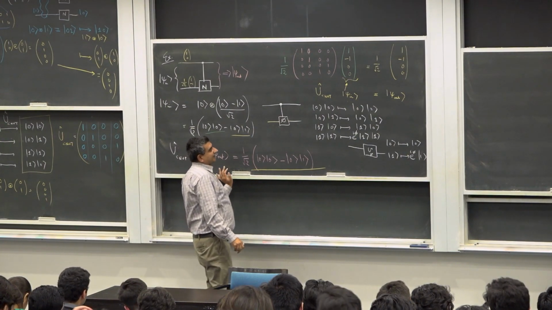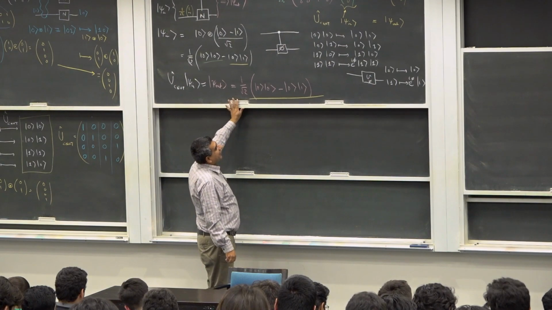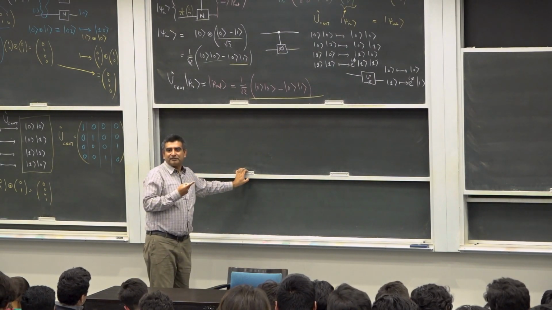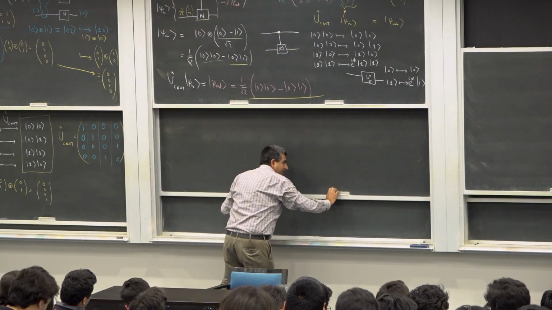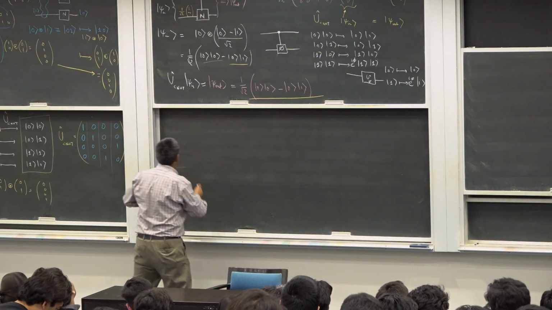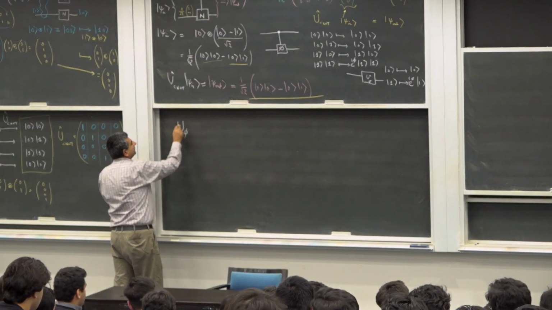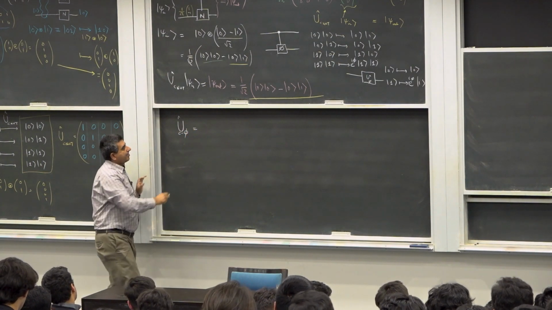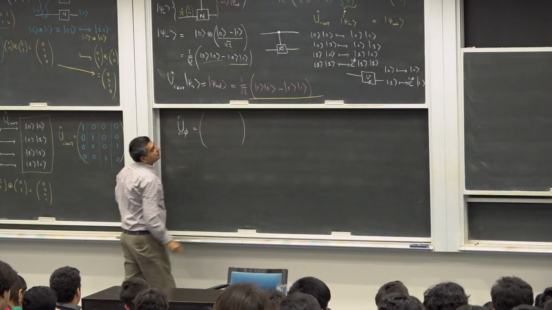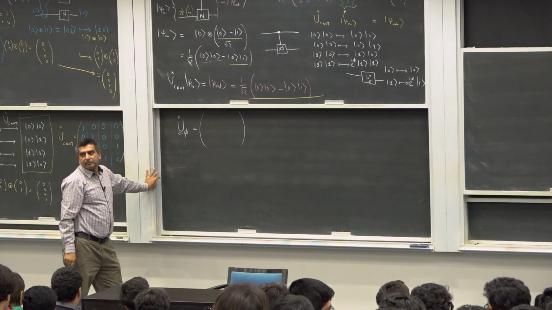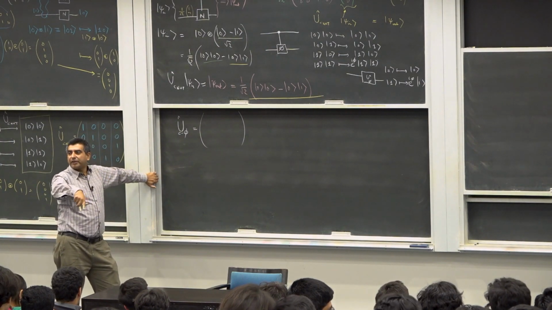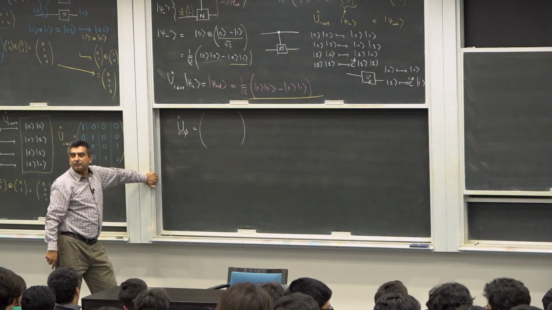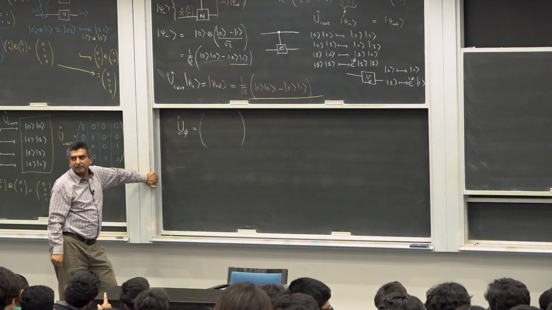So I think it's now going to be peanuts if I ask you to write the matrix for this gate. Could you give it a shot, please? What's the matrix for a controlled phase gate? All ones on the diagonal. What about that phase factor?